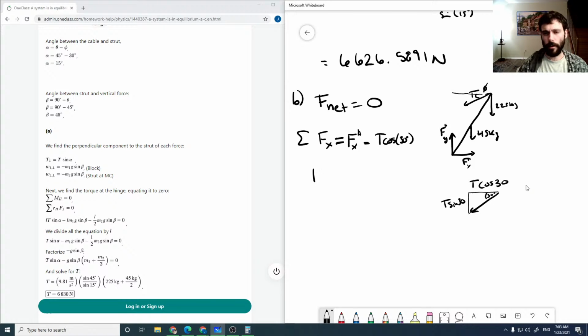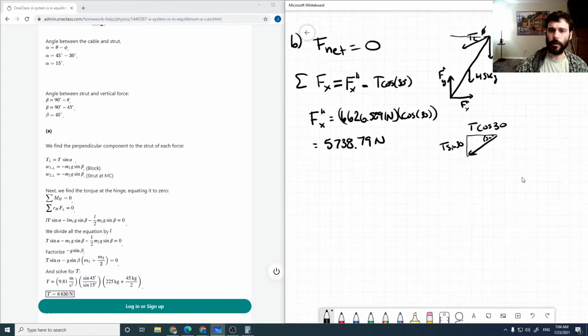And so then our hinge force in the X direction is just our tension times the cosine of 30, which comes out to 5738.79 newtons. Okay?